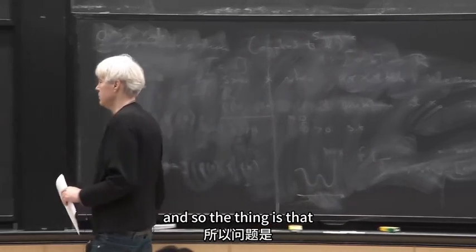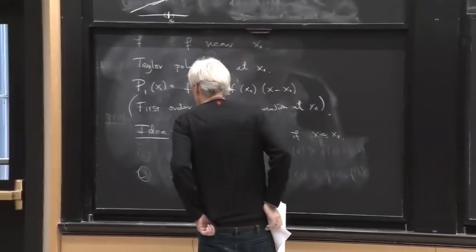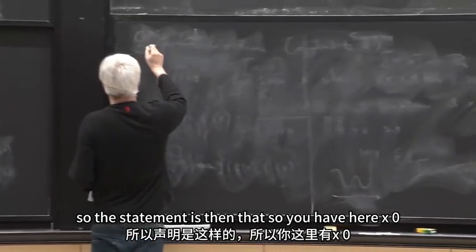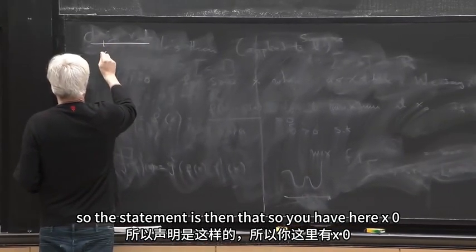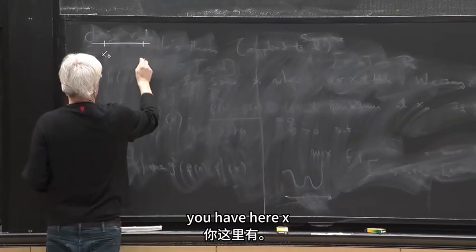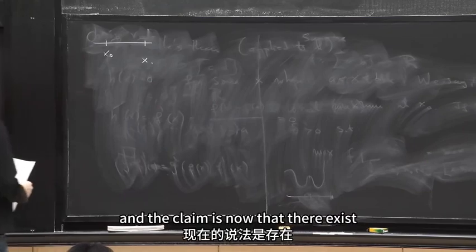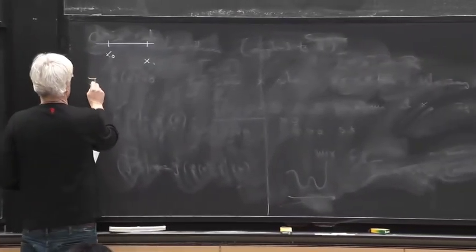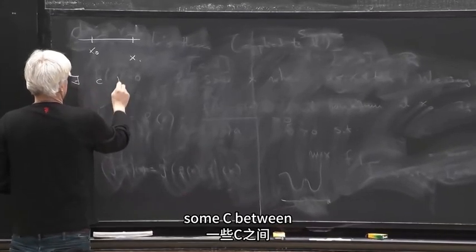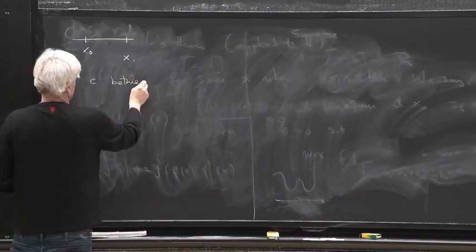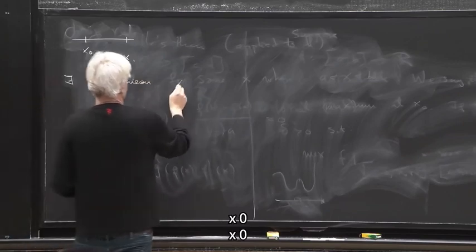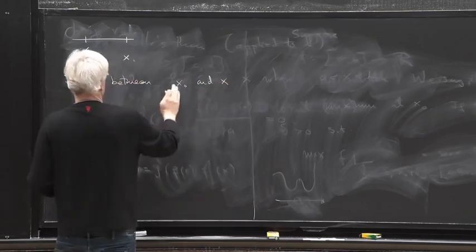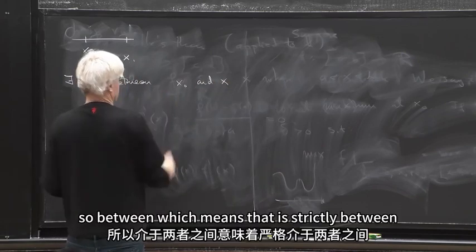So the statement is that you have here x0, you have here x, and the claim is that there exists some c strictly between x0 and x.